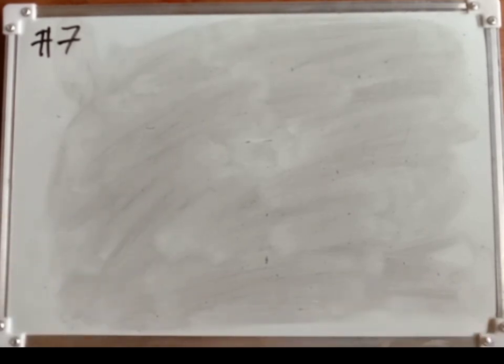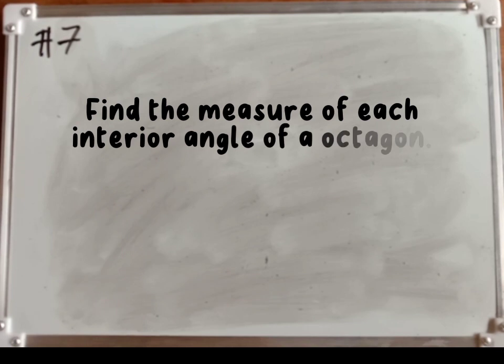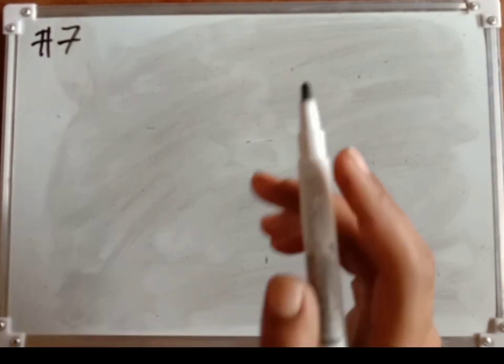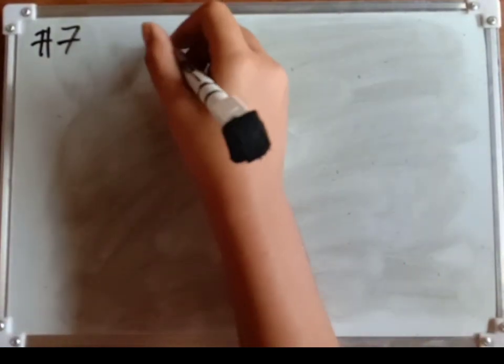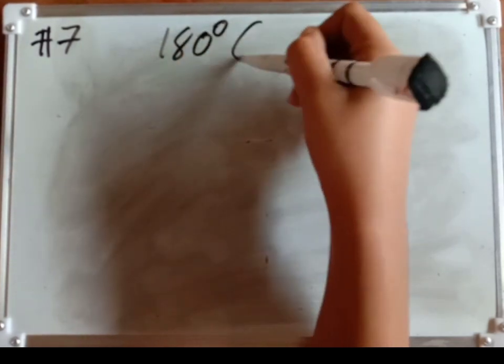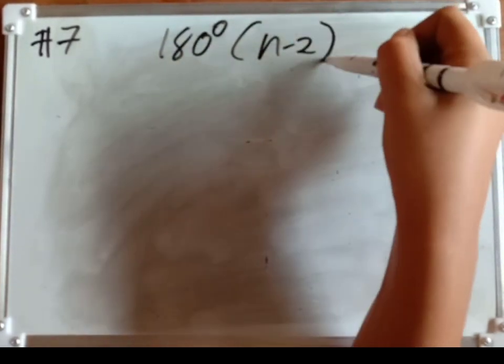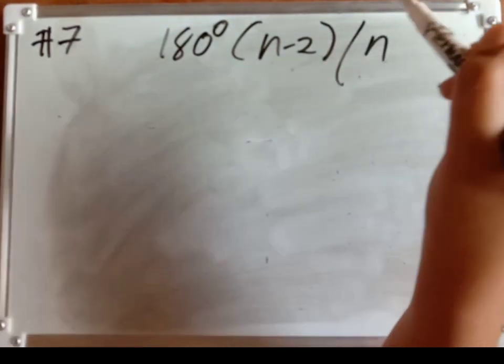So let's proceed to our problem number 7. Our problem number 7 is find the measure of each interior angle of an octagon. So the formula that we are going to use is 180 degrees, quantity of n minus 2, divided by n.